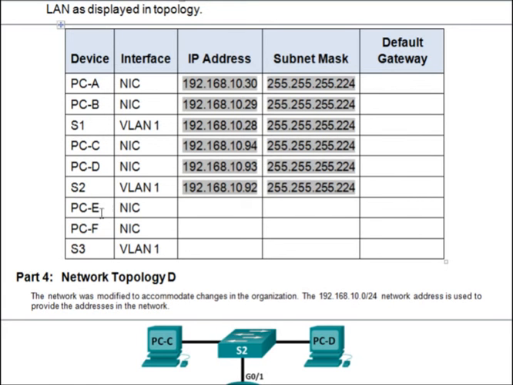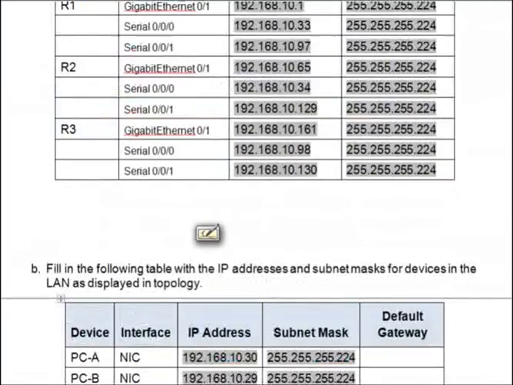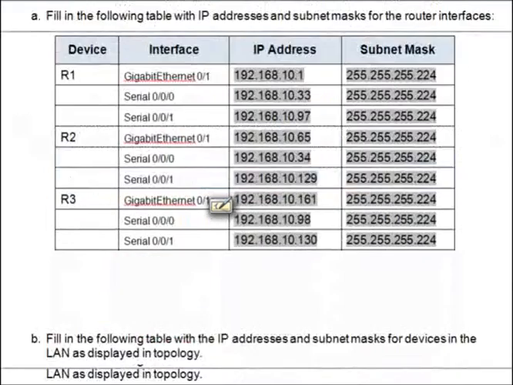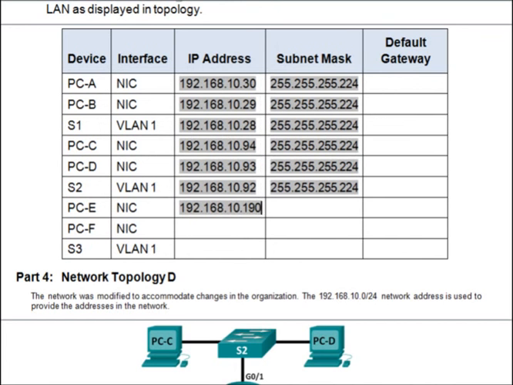Let's take a look at the last 3 devices, PCE, PCF, and S3. PCE, PCF, and S3 are in subnet 5. So let's go on to subnet 5 over here. Subnet 5 range of addresses is between 192.168.10.161 to 190. So let's use the last address for PCE, 192.168.10.190.